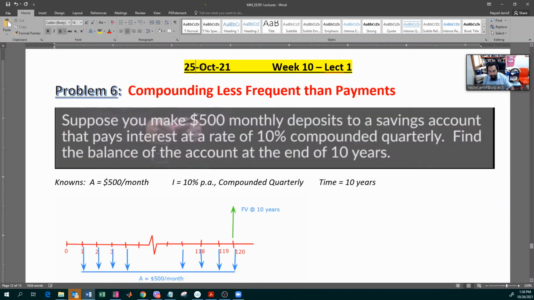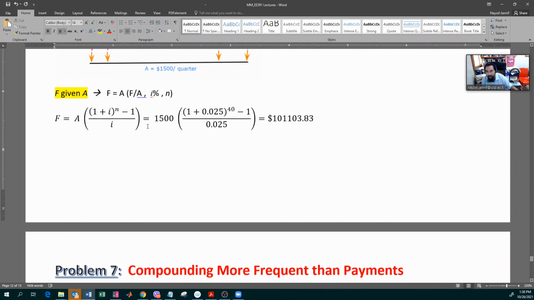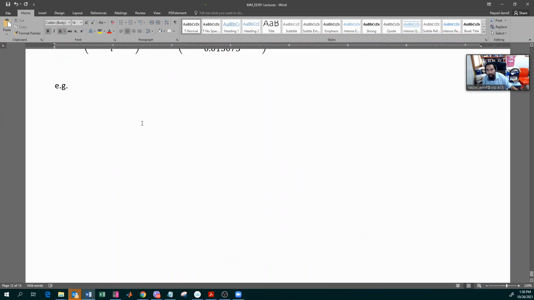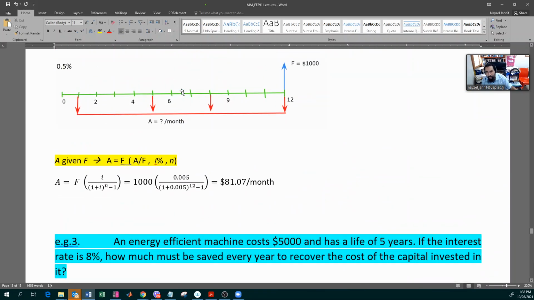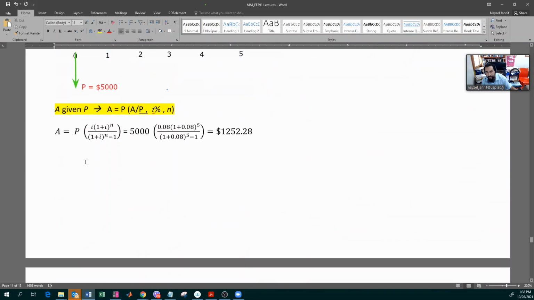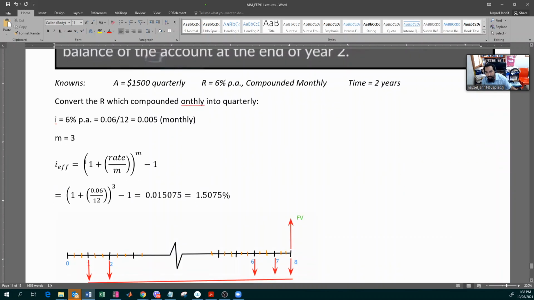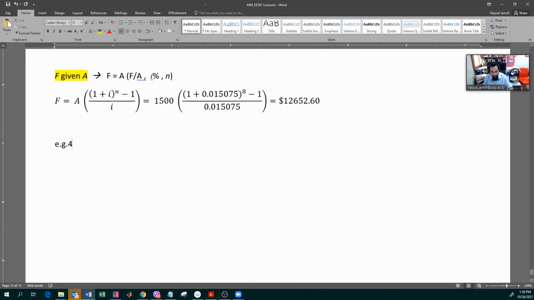That'll be the 26th, and that's week 10, lecture 2. The last example number which we did was example 3. Maybe I can call this example 4.